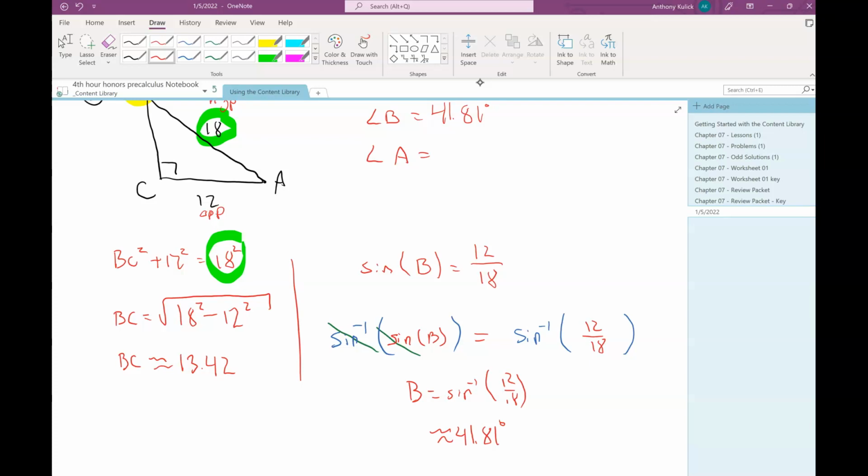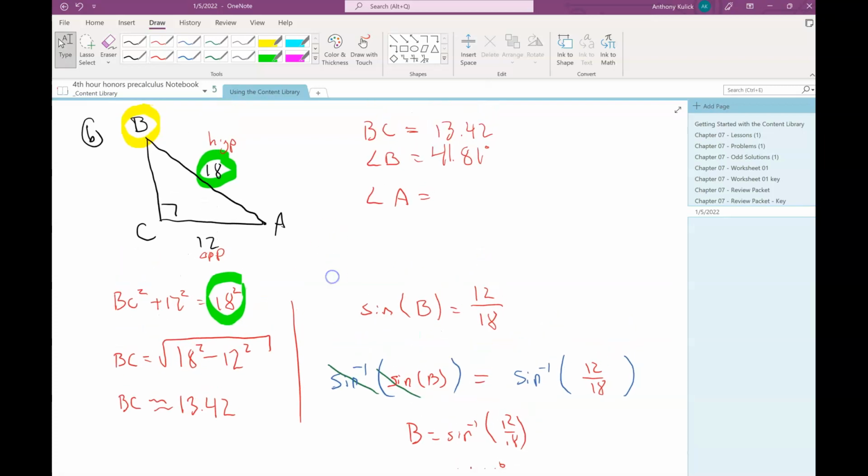And then angle A is easy, right? How am I going to do that? You can do that, Mackenzie. You could add angle B plus 90 and then subtract from 180. Yeah, that's the right triangle.